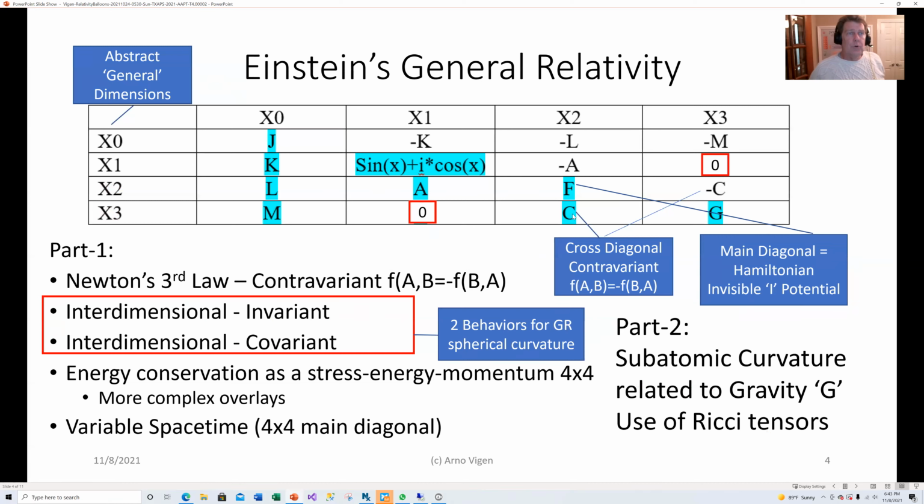And then you also tend to have, per Einstein, that across the diagonal, it becomes the opposite. Think of this as Newton's third law of motion. For every action, there is an equal and opposite reaction. So if I have 1 and 2 in electrostatic, this one pushes away, and that one pushes away, but in exactly the opposite direction.